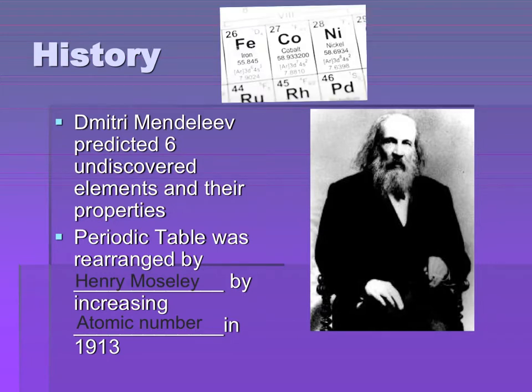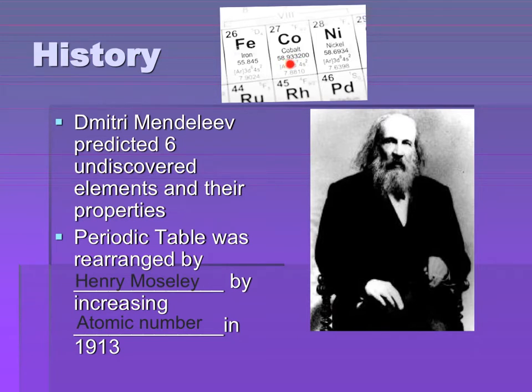One example of the differences between arranging by atomic mass, which is what Mendeleev did, and arranging by atomic number, like Moseley did, is if you look at your periodic table, you will see that the atomic number for cobalt goes from 27 to 28, so increasing by 1 proton. The atomic mass, however, goes down.